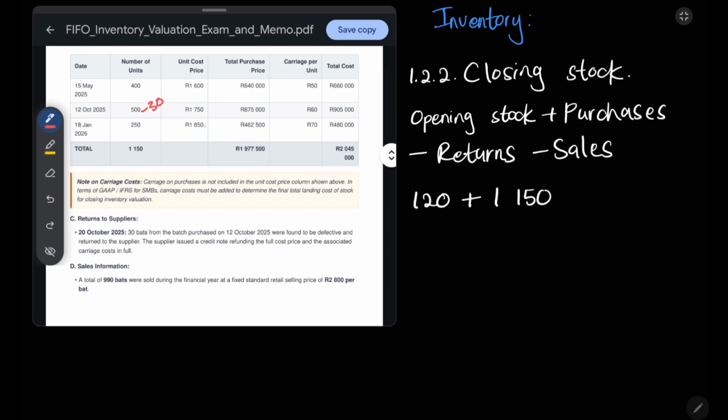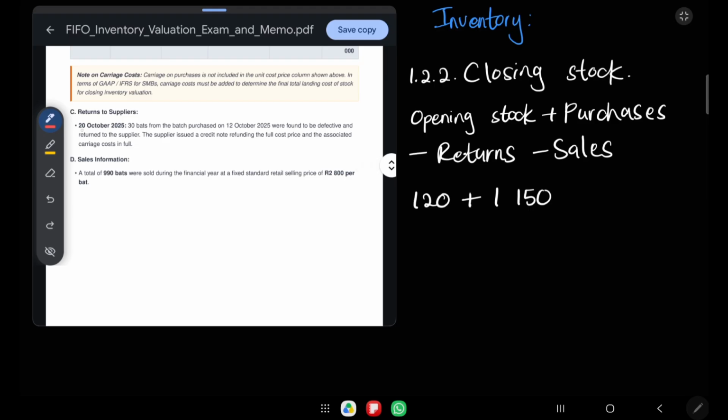This is why I recommended that you play around with the figures so that you can get familiar with the table that you're given in your exam. So we have minus returns, right? Let's look at our returns. Information C talks about returns. On the 20th of October 2025, 30 beds from the batch purchased on the 12th of October 2025 were found to be defective. So you basically have to subtract 30 beds.